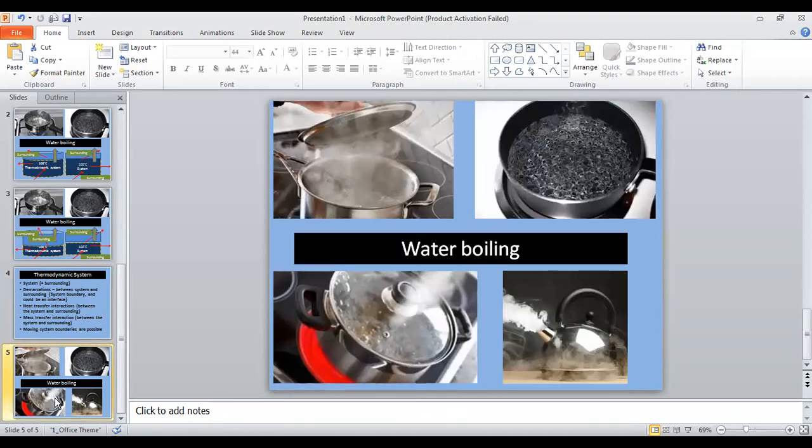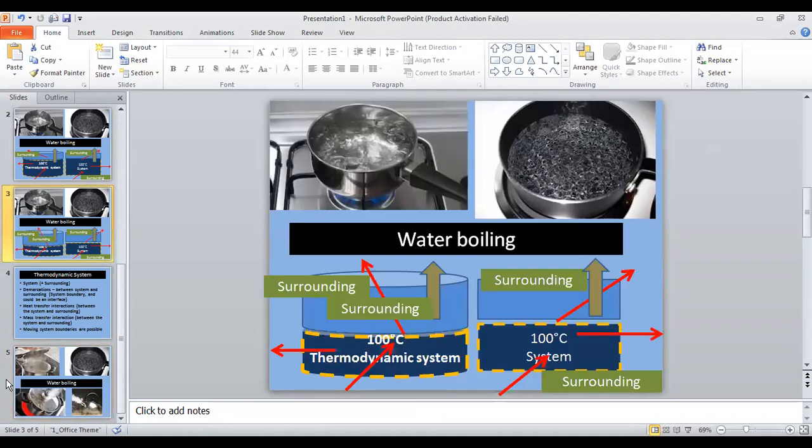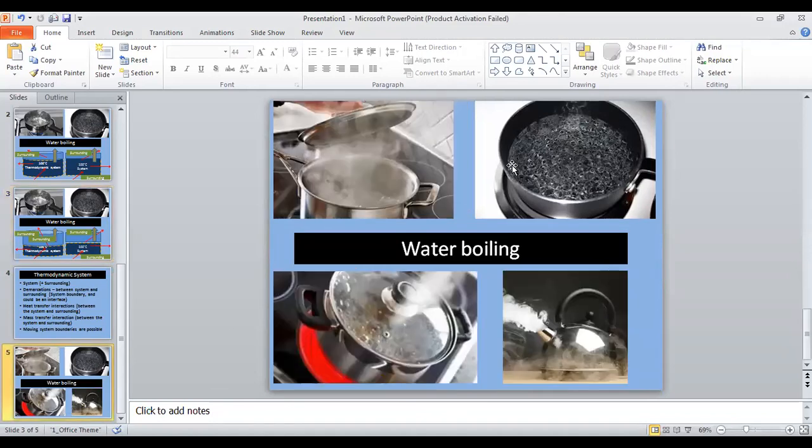Again, water boiling. Same as in the previous one. You can see water boiling here. The left side figure. Originally, the lid is closed. And when the lid is opened, you can see it full of moisture.